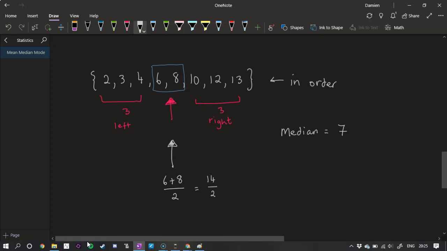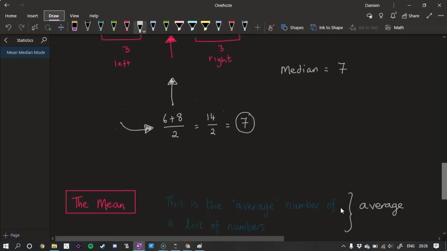It's 14 divided by 2, and 14 divided by 2 is 7, and that's your median. You can do it either way. You can do it this way, which is adding the two numbers and dividing by 2, or you can eyeball it. You can see, okay, well, I know 7 is in the middle of 6 and 8. It depends on how complicated the example is. And that's it for median.